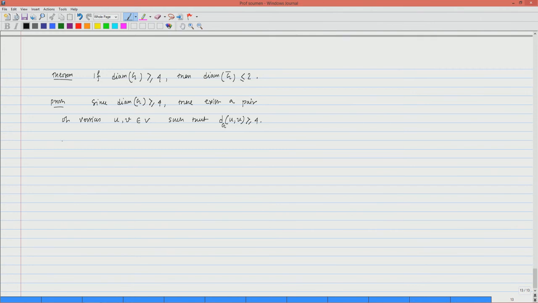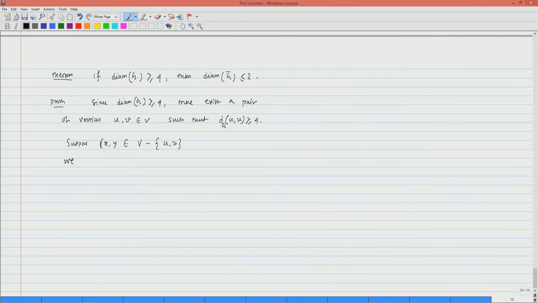Again you consider a pair of vertices, suppose x and y are two vertices in V minus {u, v}. So, I am not considering the vertices u and v.